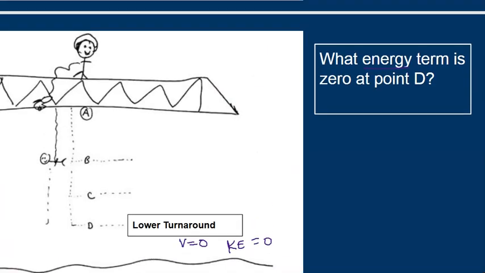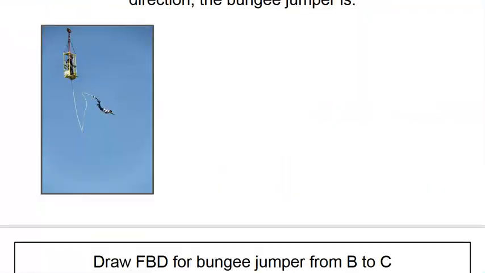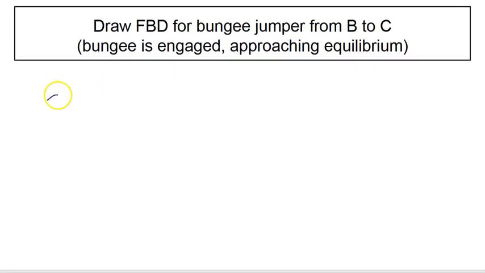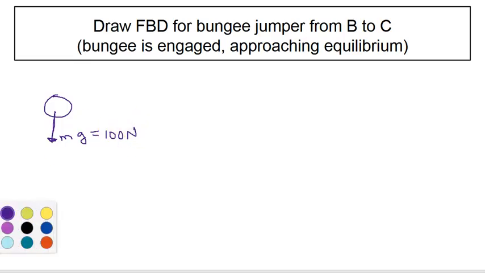Now we're going to go from B to C. This is the really important point. From B to C, C is equilibrium. So the forces aren't equal yet, and the spring force is increasing. In the force diagram, the weight is the same. If you want to make up a number, let's just say it's 100 newtons even.